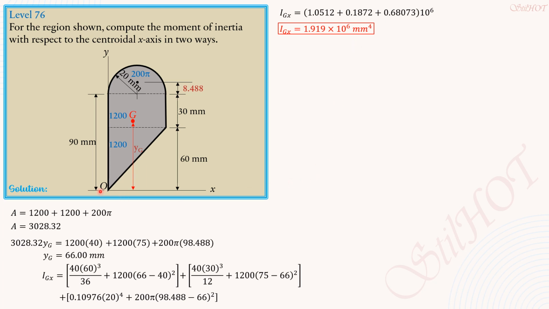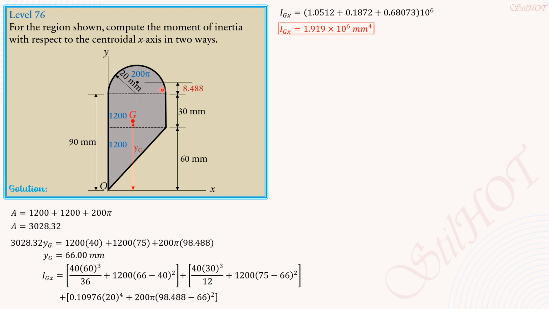Likewise, the other way is to compute for Ix, then equate it to Igx plus area yg square by transfer formula. So Ix is for the triangle. We have a formula for moment of inertia of a triangle with respect to the vertex here, parallel to the base, which is base 40 times height 60 cube over 4.